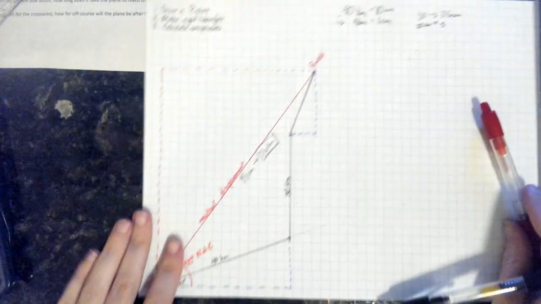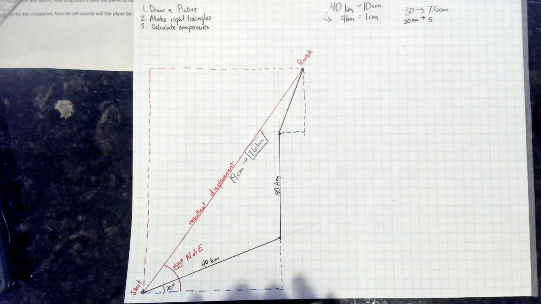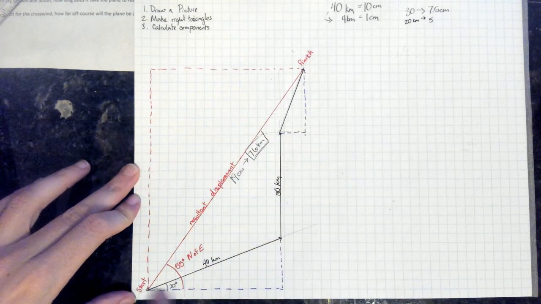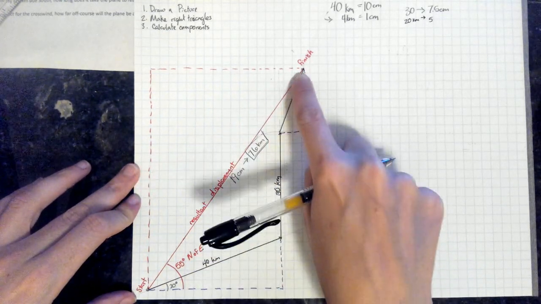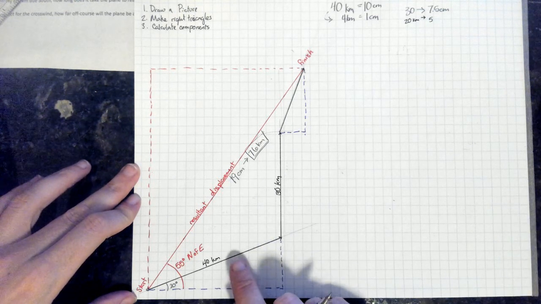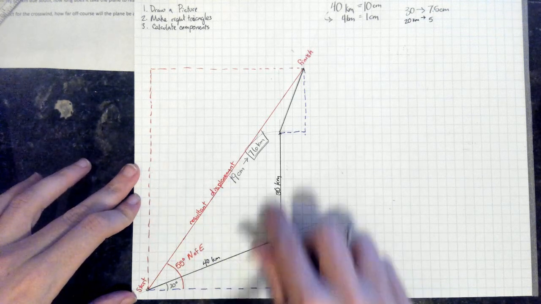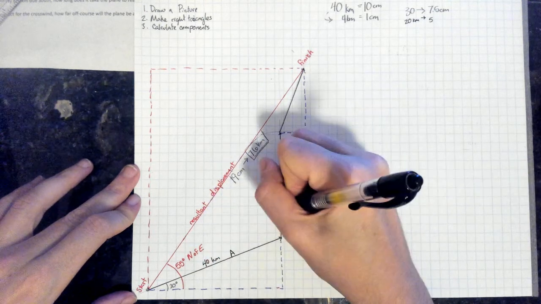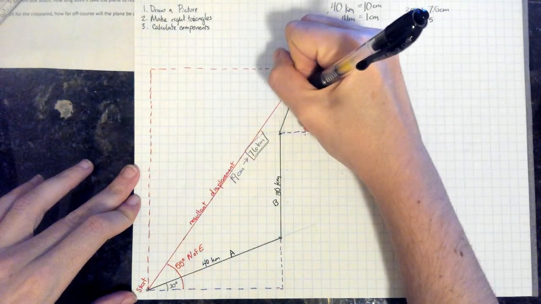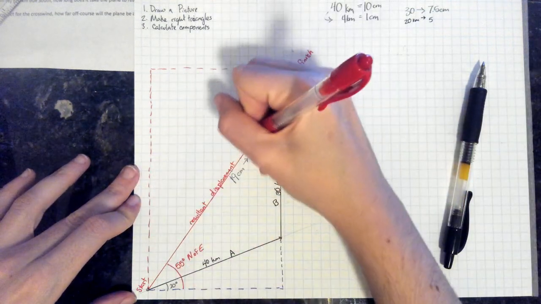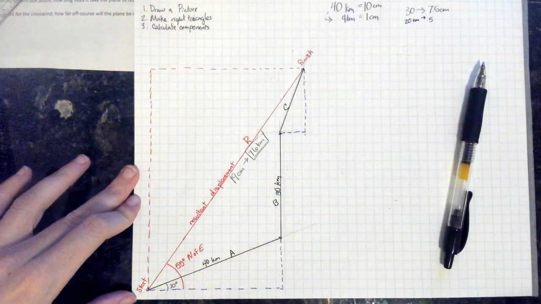There we go. That's better. Okay. So we're going to calculate the components of this and this. So let's give these guys some names just like we did before. So I'm going to call this A, this one's going to be B, this one's going to be C, this one's our resultant, so it's going to be called R.